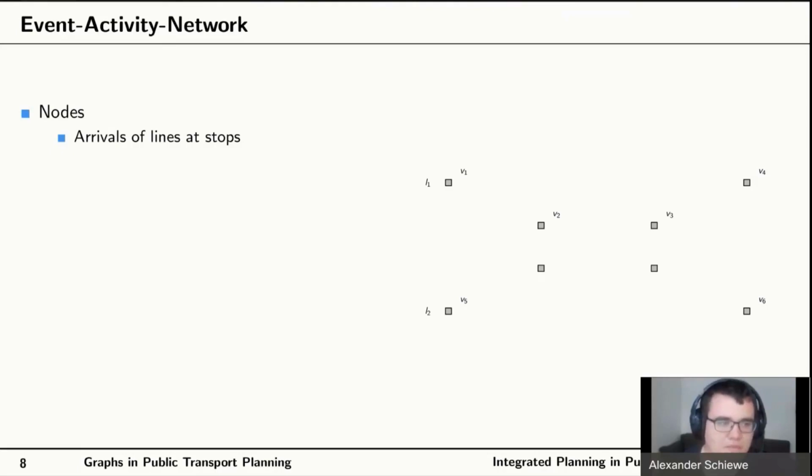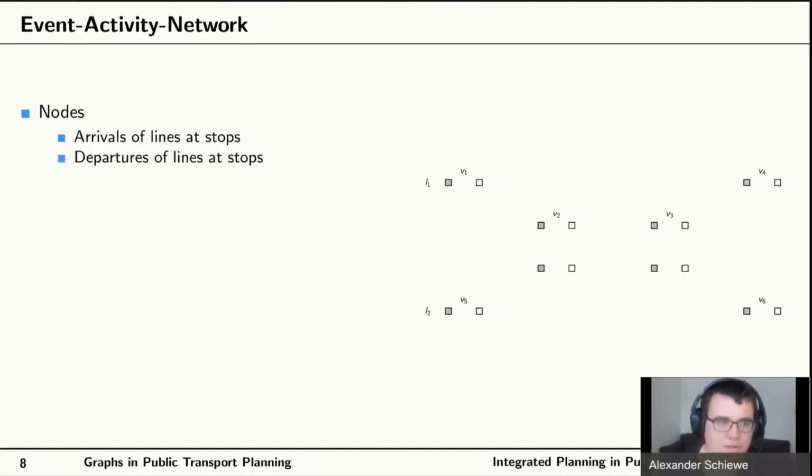First of all, we have the arrival of lines at stops, our arrival events. These are now depicted here as gray squares. And you notice that we now have more squares per stop. For example, here in the middle, we have the stop V2, which is not just one stop, but we have 2 arrival events here, because 2 lines, line 1 from above and line 2 from below, arrive at V2.